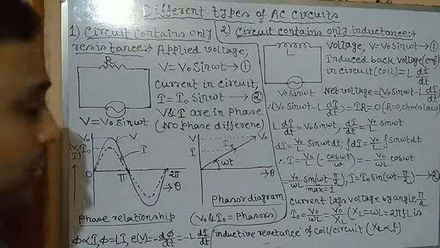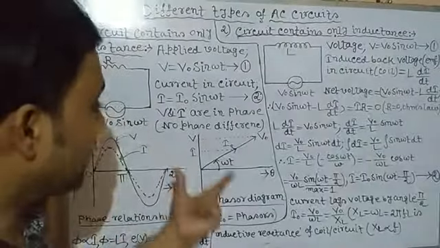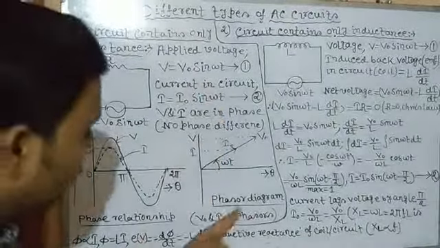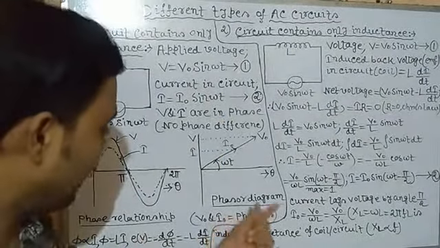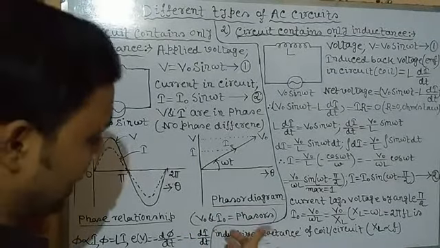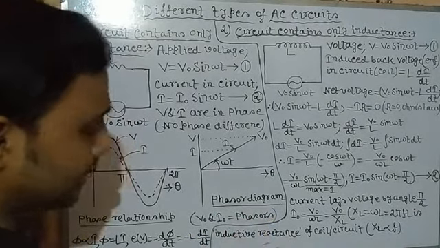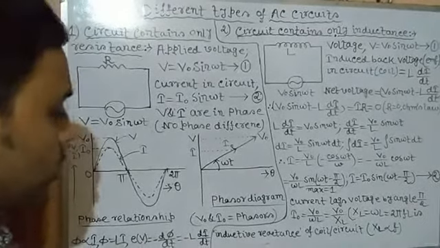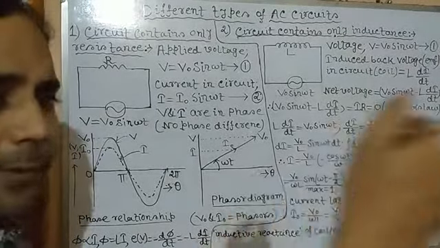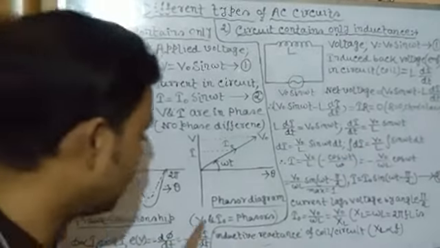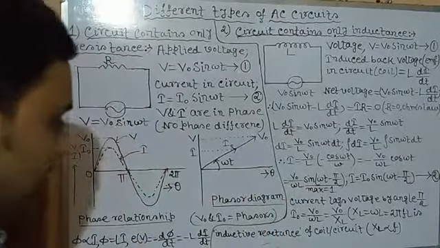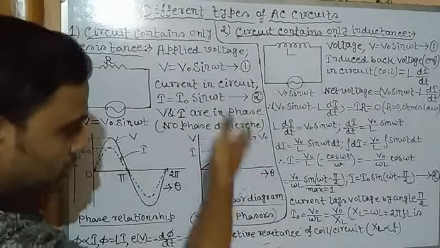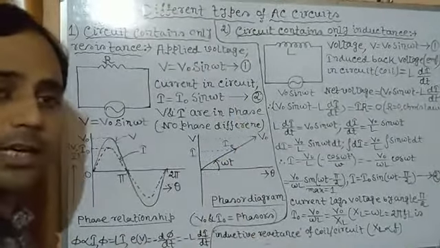So when alternating voltage and current are represented by rotating vectors, they are called phasors. Why? If we break this word, phasors means creators of phase. Since they are solely responsible for creating phase, they are the creators of phase, phasors. And this is the diagram which shows the phase difference between the alternating voltage and current.